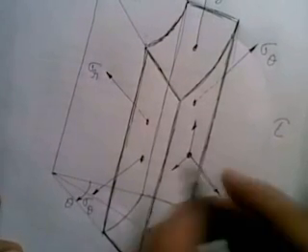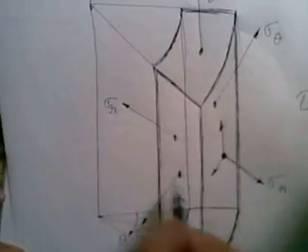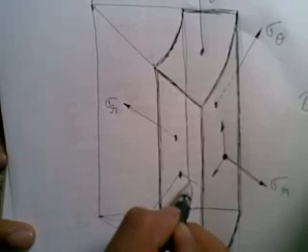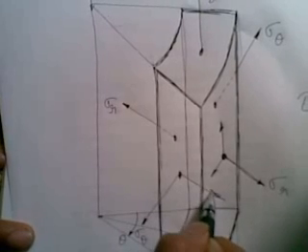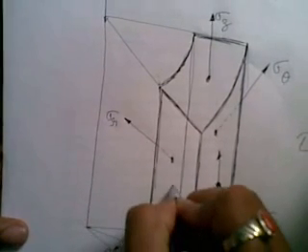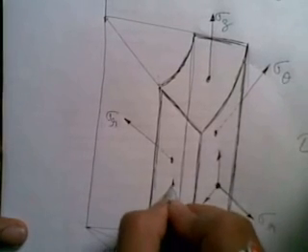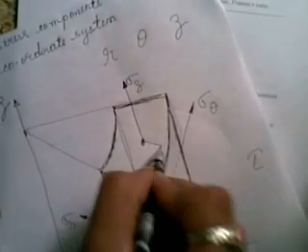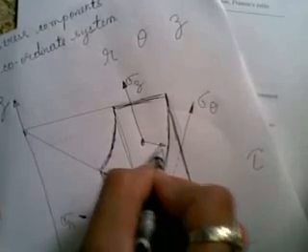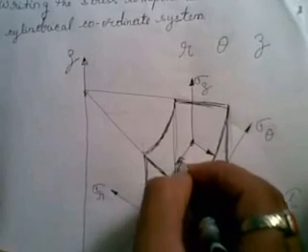Now for this, the other two positive directions are, one is radially outward, like this, and one is along the z direction. And for this, radially outward, going like this, and one along the positive theta.